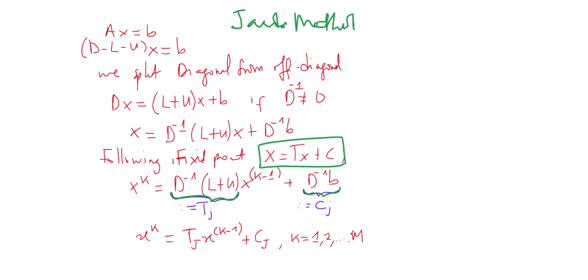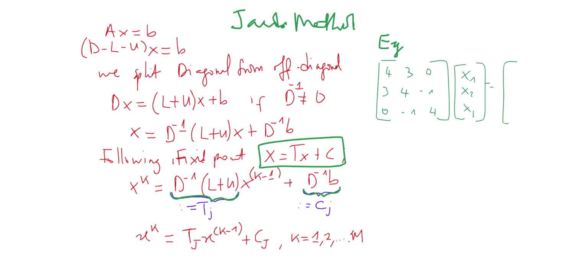So for instance, if we want to take an example of the Jacobi method, let's take an example here, such as the matrix 4, 3, 0; 3, 4, minus 1; 0, minus 1, 4, and then you have some x1, x2, x3 equal to 24, 30, minus 24.